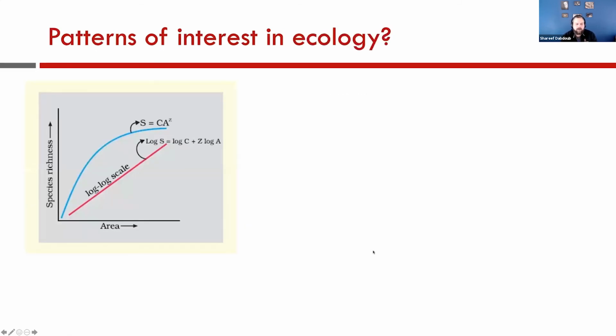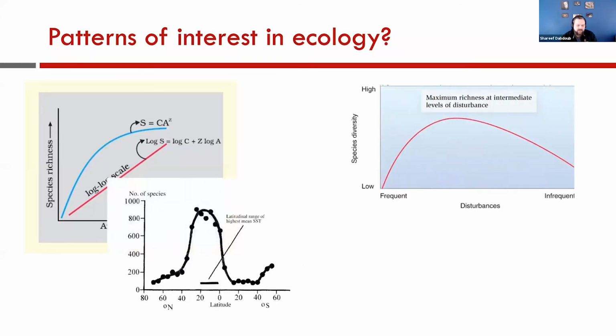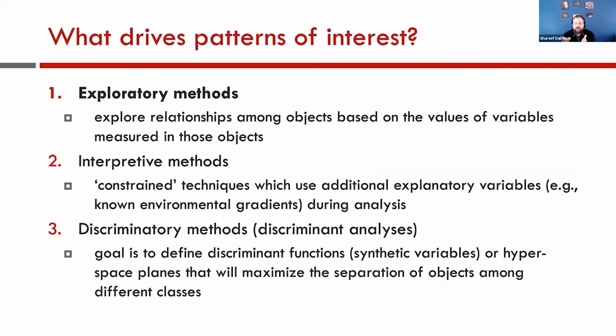So again, as I said earlier, there's no one tool for analysis that will tell you everything about the organisms and the environment and the ecology that you're looking at. So there's all kinds of different patterns of interest and different tools that can tell us about those patterns of interest. So what drives the patterns of interest?